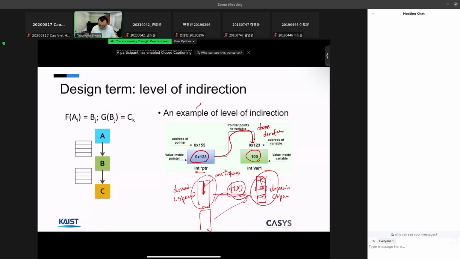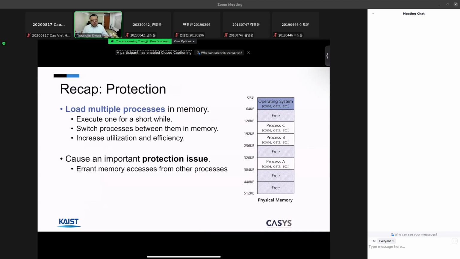Okay, so we learned the concept, right? This is also a continued recap of what you learned previously. Virtual address and the design of virtual address space are closely related to protection. Protection is the case where the operating system loads multiple processes in memory.